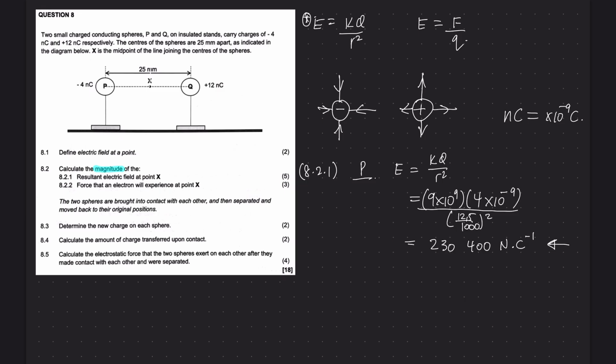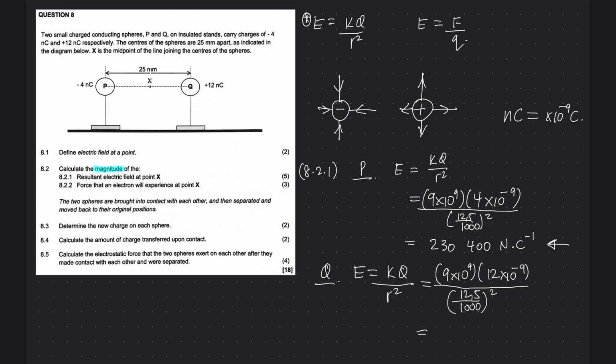Right? Now we'll do Q. So Q, E equals kq divided by r squared. Again, 9 times 10 to the 9. Now Q has a charge of 12. So 12 times 10 to the negative 9 divided by, again, 12,5 all over 1,000 squared.